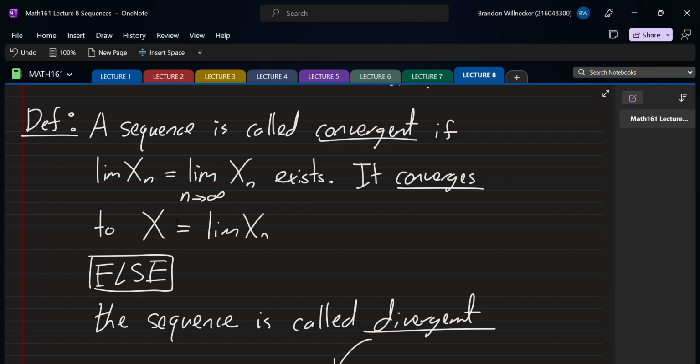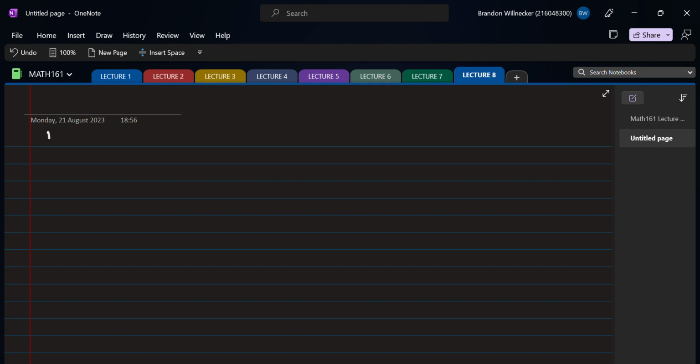Okay, let's have a look at some useful properties of these convergent sequences, and we can use these properties when doing our calculations. Properties, and then a big exclamation mark.